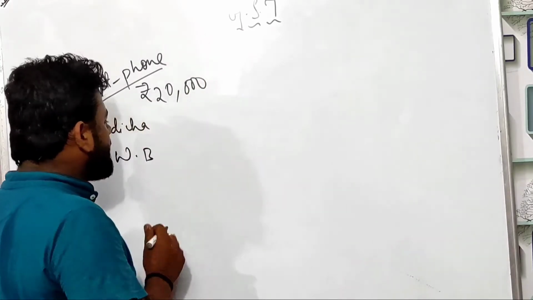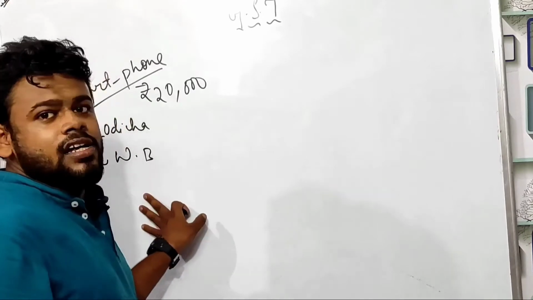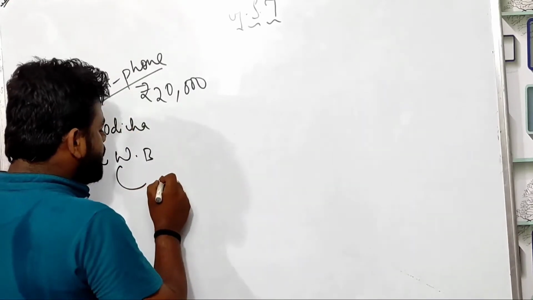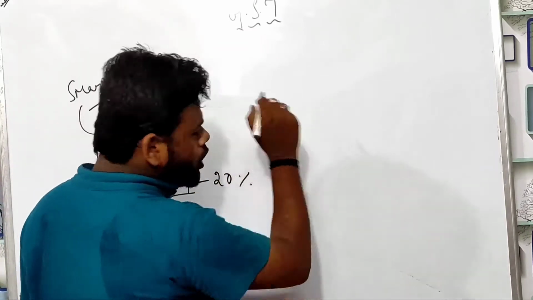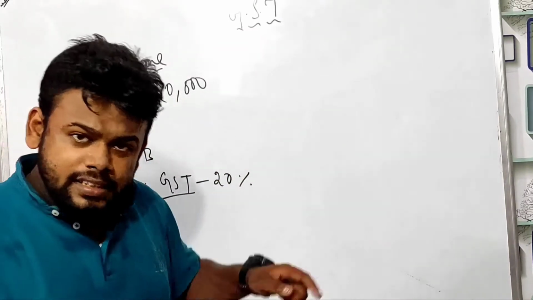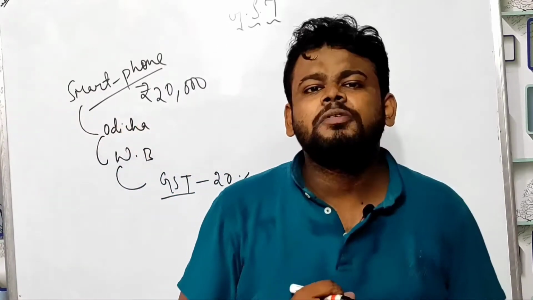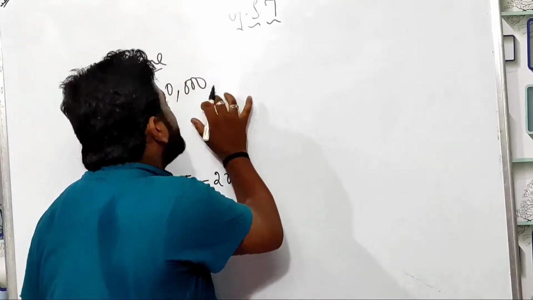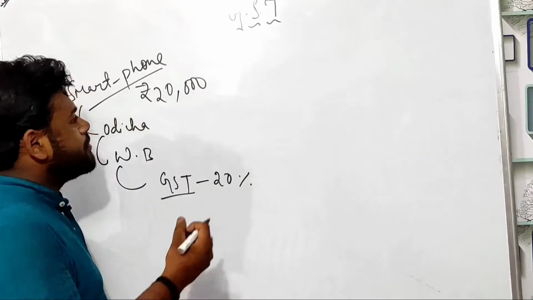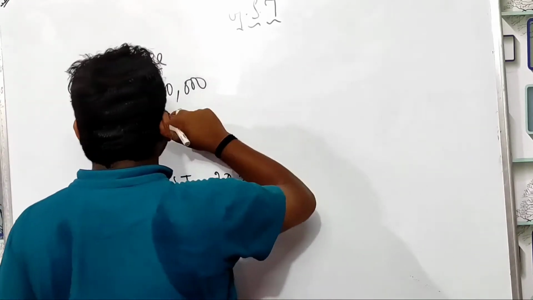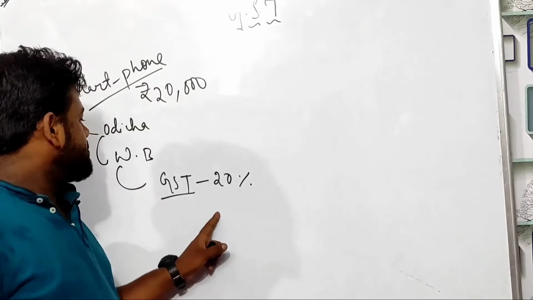I purchased for 20,000, and I am selling in West Bengal at GST of 20%. If I have to find what amount of GST I will be paying here, that means 20% GST on 20,000.